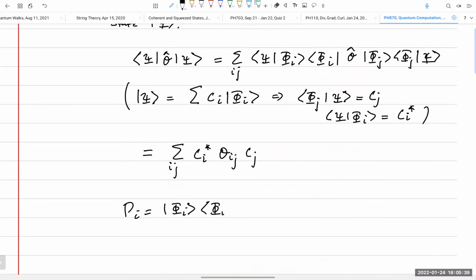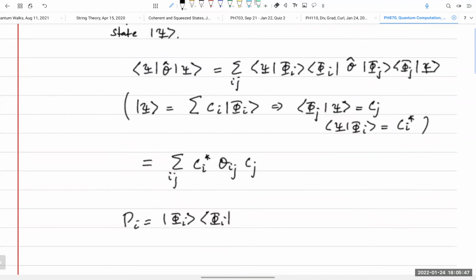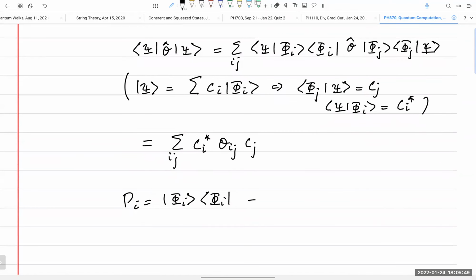This is my projection operator. So my expectation value of this state can also be written as a sum over these projection operators.